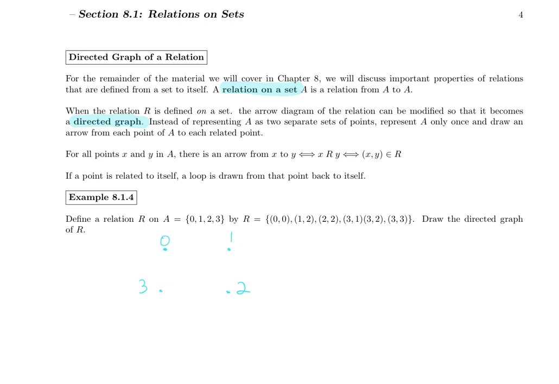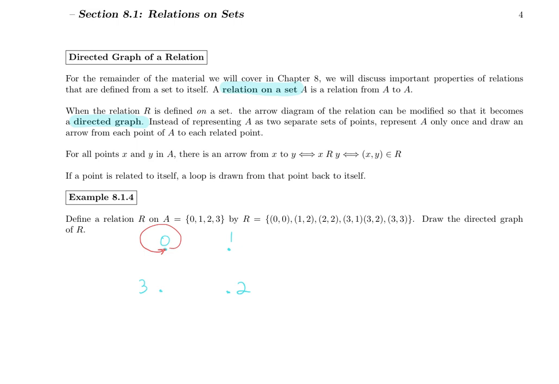And we know that they are related in the manner that they're given in R. R is a set of all the ordered pairs that are related. The first ordered pair is (0, 0). That means 0 is related to itself.